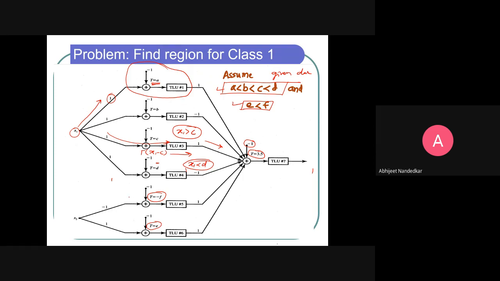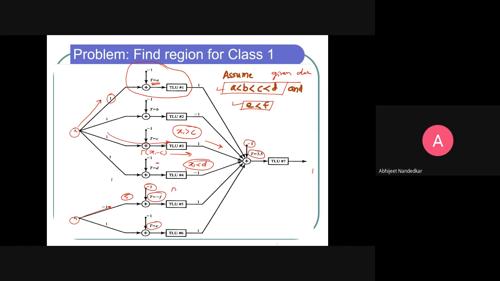Then what about this fifth neuron? So you can see here x2 is coming, getting multiplied with -1, and it is getting compared with -f multiplied by -1. Okay, so how it will look? What is net value here?